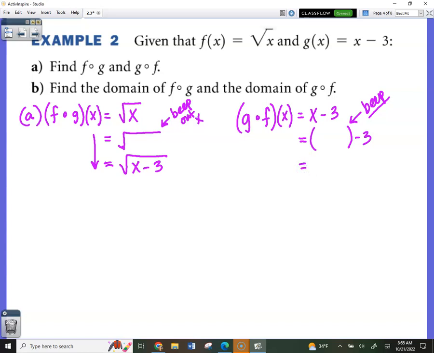The square root of x goes in the beep. Be very careful because the minus 3 is not under the radical here. Totally different. This is also to show you that the order of function composition matters.